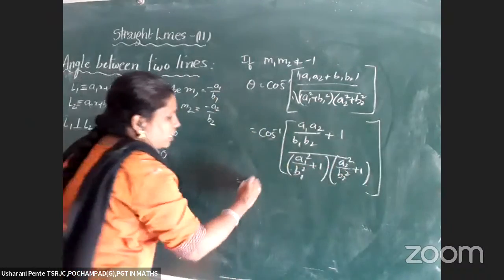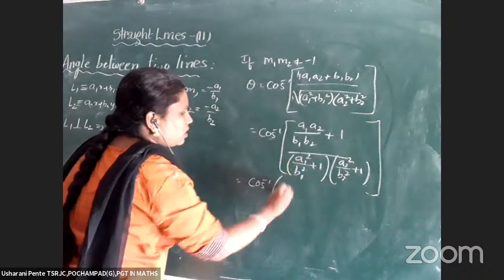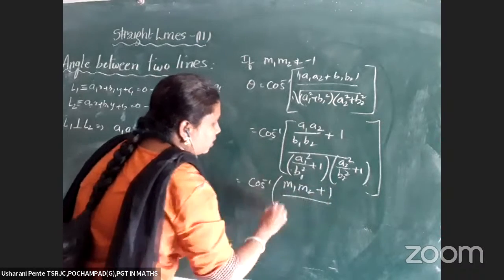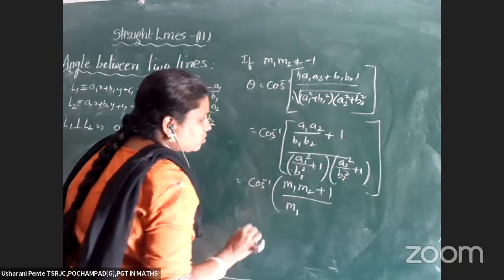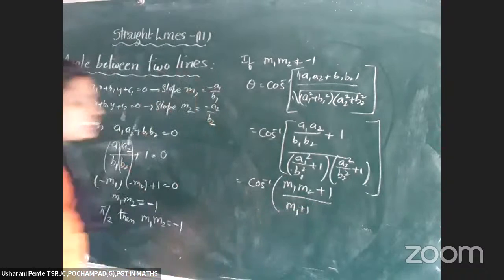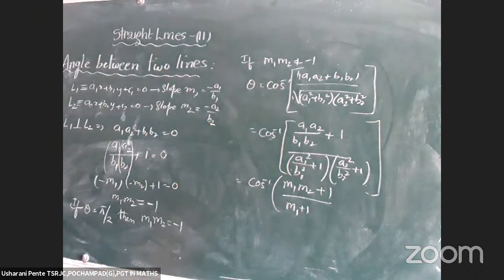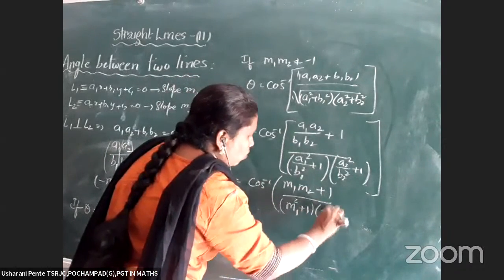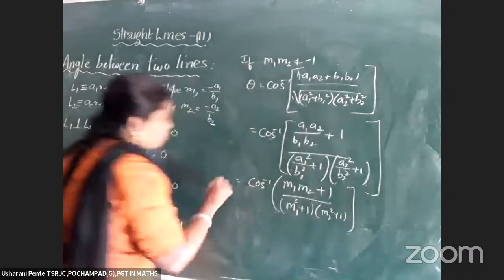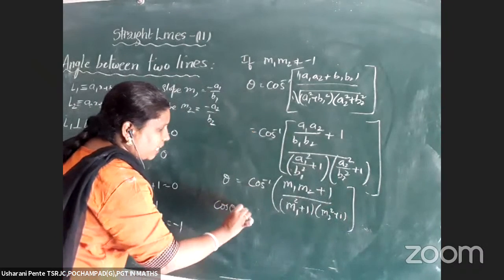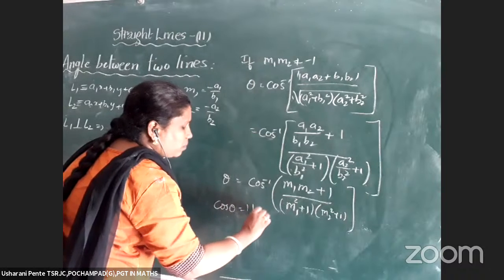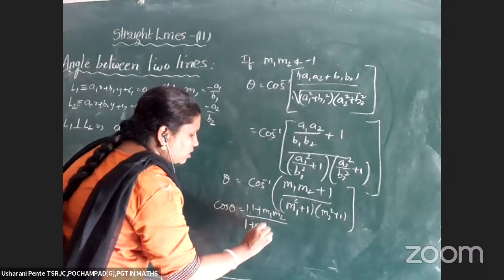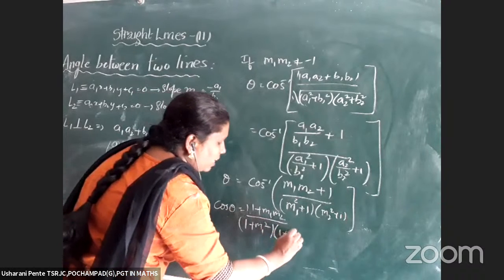So what we'll get, that is cos inverse of m1 m2 plus 1 by under root of m1 square plus 1 into m2 square plus 1. Cos theta is equal to this one, that is 1 plus m1 m2 by under root of 1 plus m1 square into 1 plus m2 square.